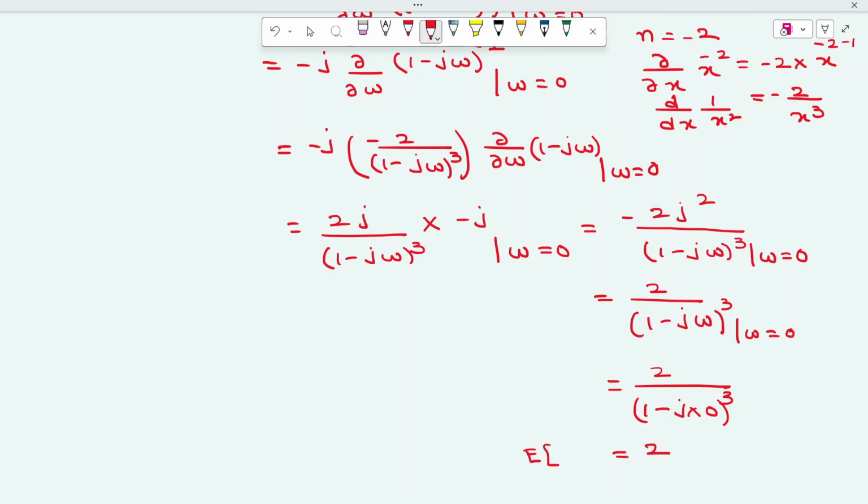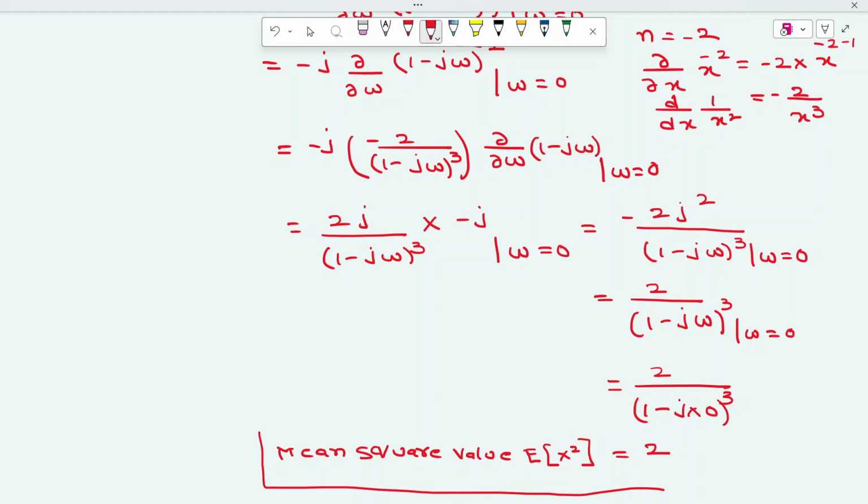Expectation of x square is nothing but the mean square value. The mean square value, expectation of x square, is 2.